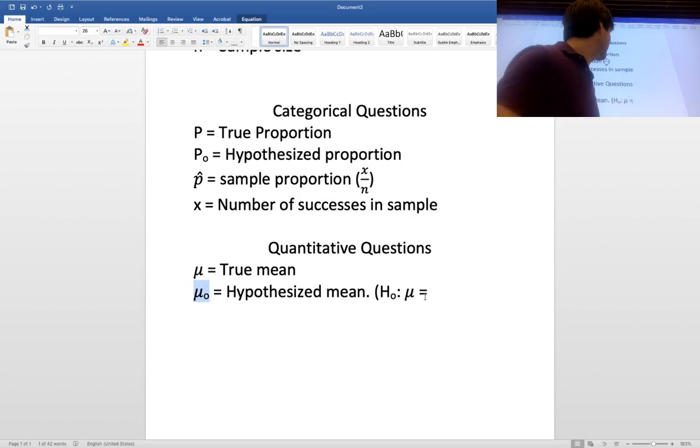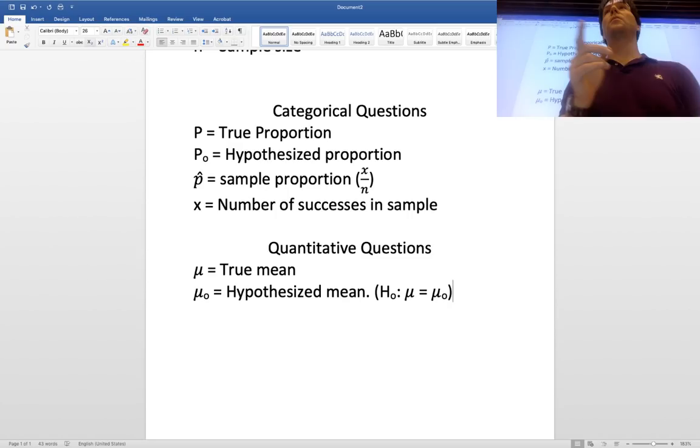So the null says the true mean is equal to the hypothesized mean. And in my example, I stated that the hypothesized mean was what? Remember, the hypothesized mean will just be a number. So 1.2.